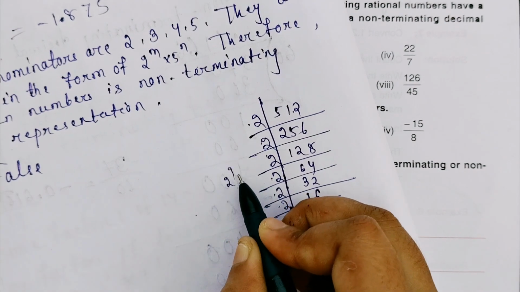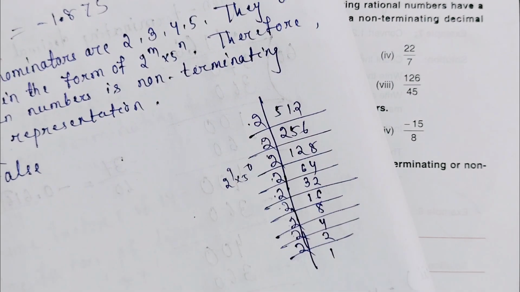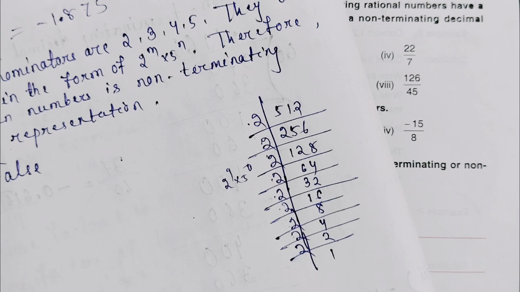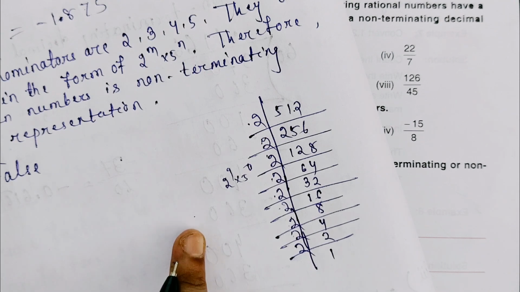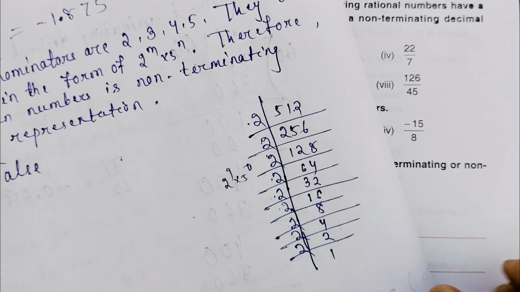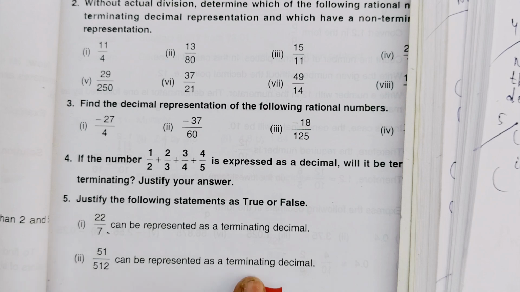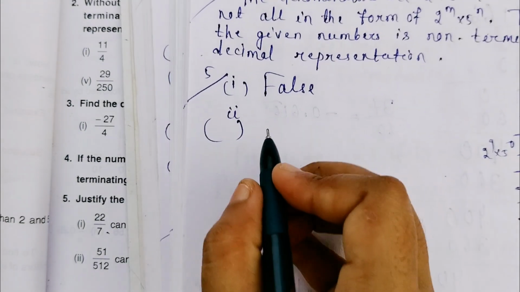So 512 is 2 to the power 9 into 5 to the power 0. Hence it is a terminating decimal representation. So it is true.